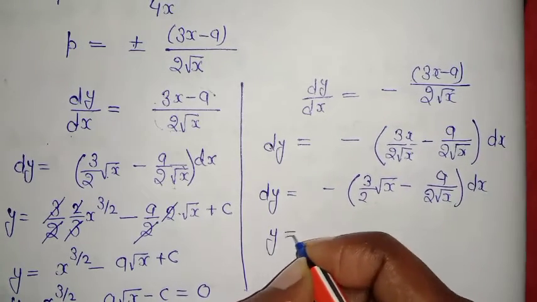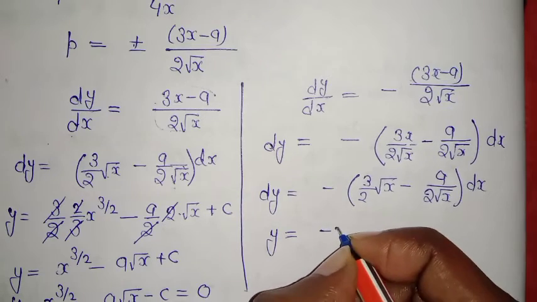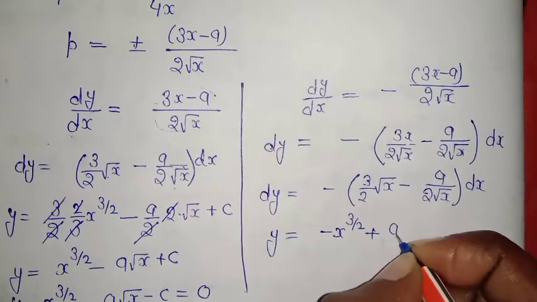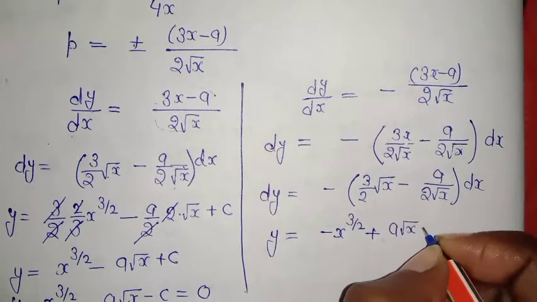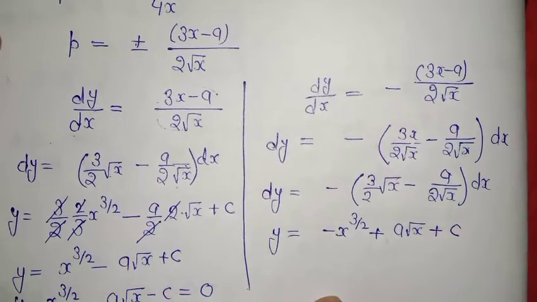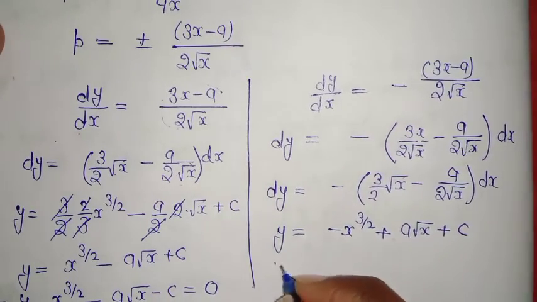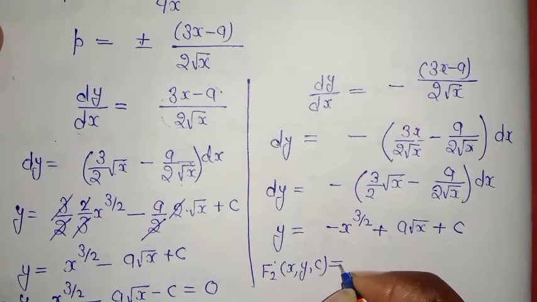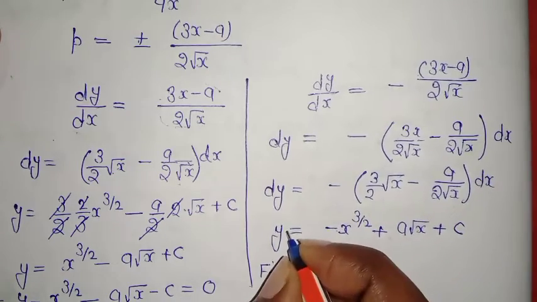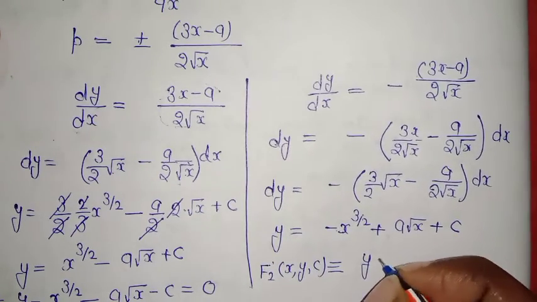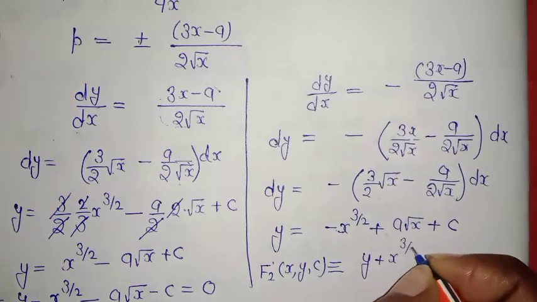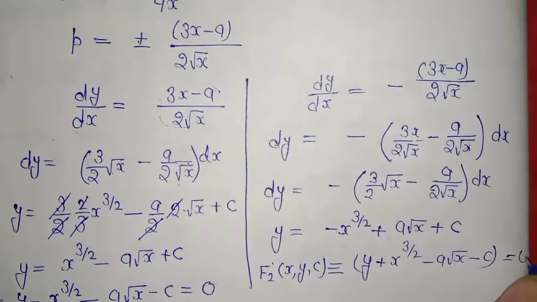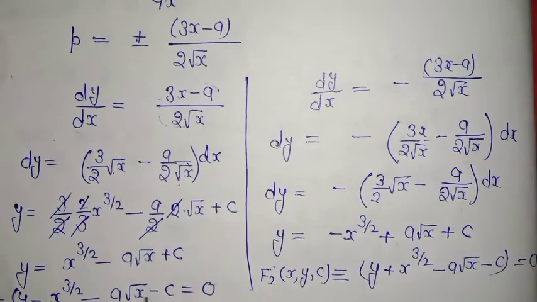If we integrate it, we get negative x raised to power 3 by 2 plus a root x plus c. If we take all the terms at one side, this gives me f2 of x, y, c. We are taking all the terms in the LHS, so it becomes y plus x raised to power 3 by 2 minus a root x minus c is equal to 0. So these are the solutions for our differential equation.